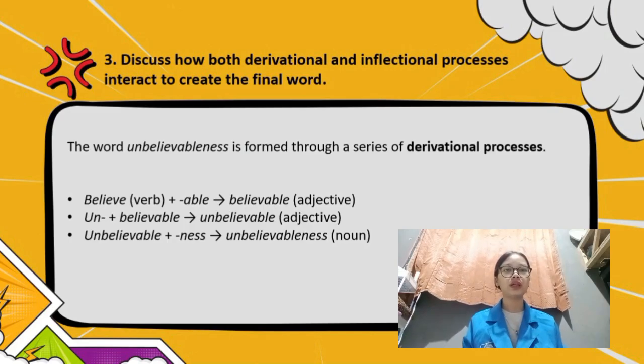Every affix here is derivational because each one helps create a new word with a new meaning or class. So overall, unbelievableness is built step by step from a simple verb into a complex noun through multiple derivational affixes.